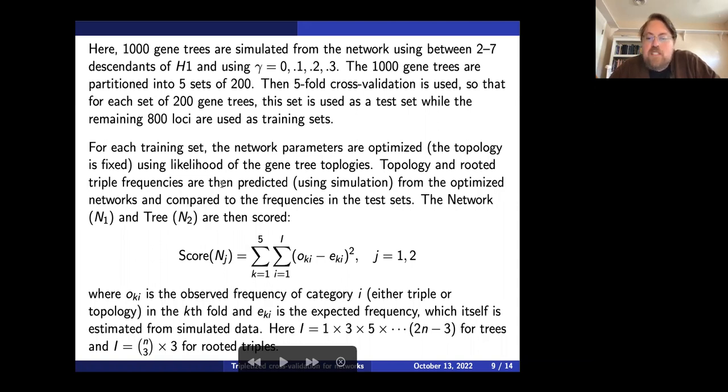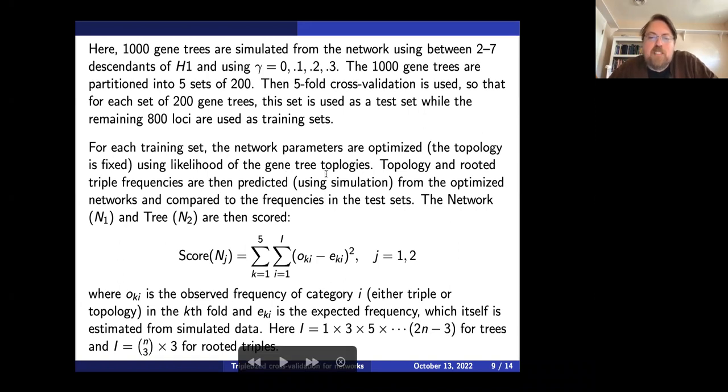Okay, so for each training set, the network parameters are optimized. This was done in PhyloNet. The topology is fixed, and the network parameters, including branch lengths and inheritance probability, are optimized using likelihood of the gene tree topologies, and that's likelihood on the full network, which is rather slow when you have 9 leaves.